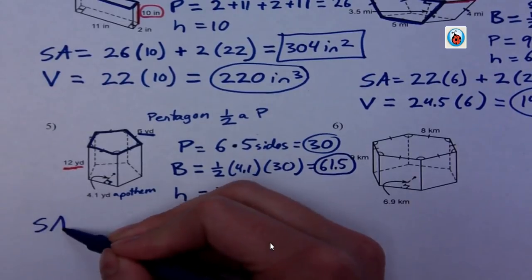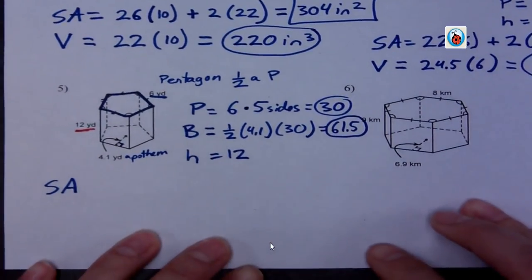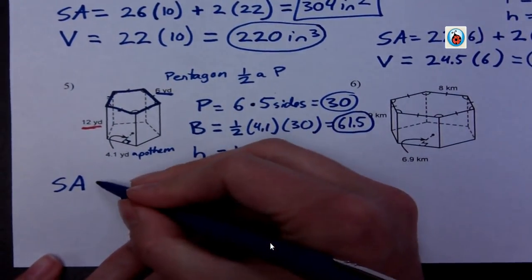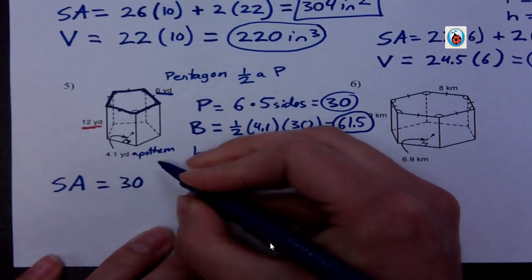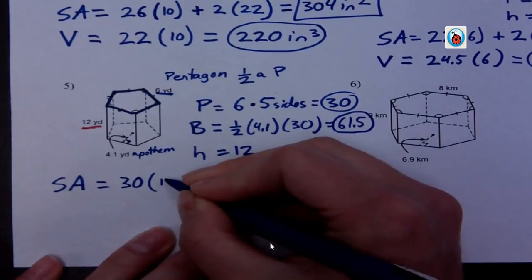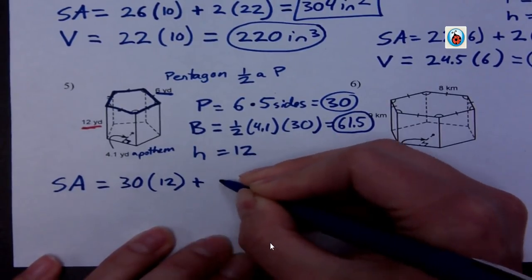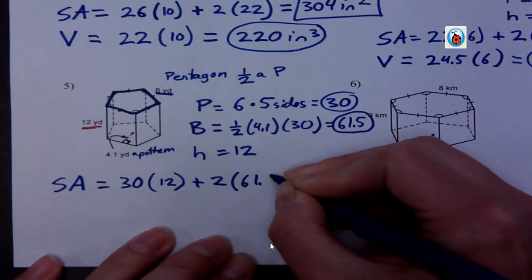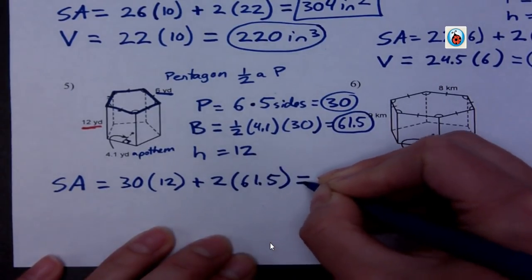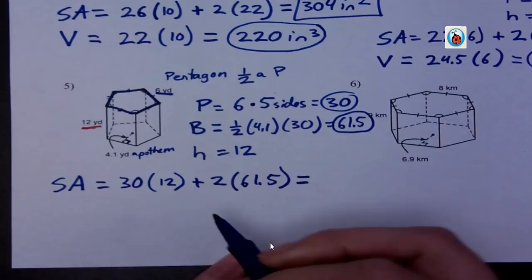So I plug it in. Surface area equals perimeter times the height, which is 12, plus 2 times the area of the base. I can type that all in my calculator.